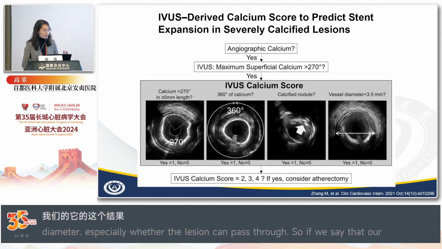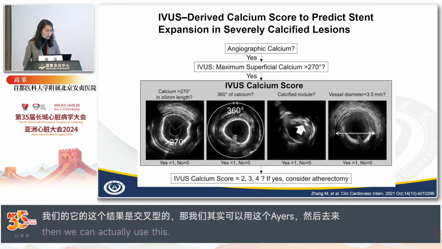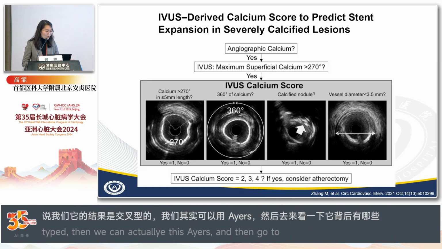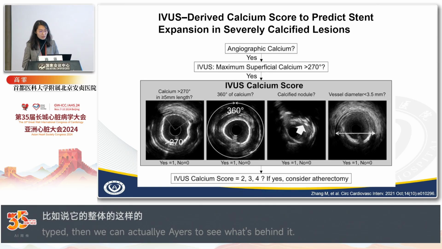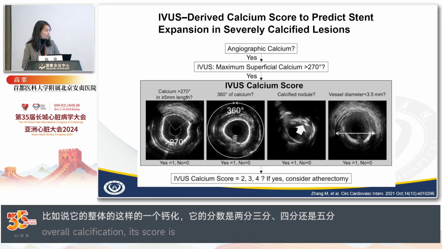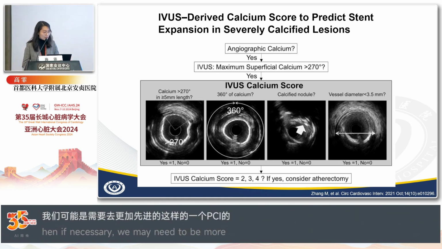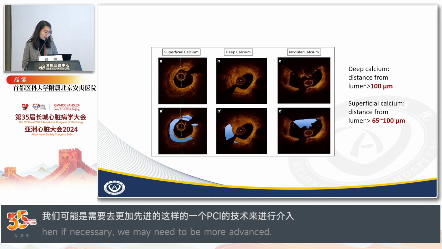if the lesion has factors such as circumferential calcium, calcified nodule, or vessel diameter less than 3.5, and if there are any two of these features, maybe we should escalate our PCI strategy to use atherectomy or more advanced PCI techniques.